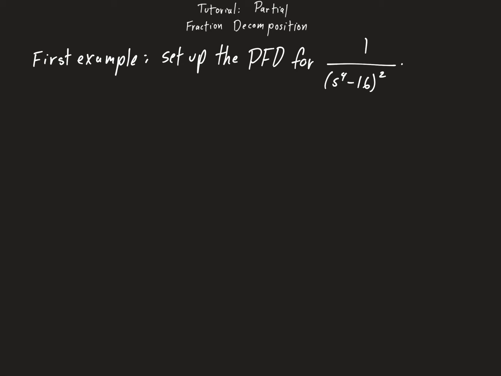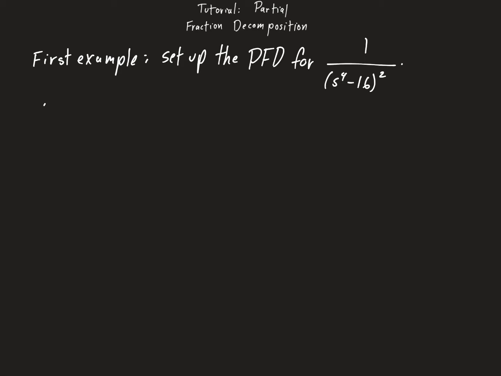I'm not going to go through the entire solution for this guy, just because the part where you solve the system of equations would be very tedious. You would have 8 equations and 8 unknowns, and that takes a lot of time, and I don't think that's particularly useful. I do think, however, that it is worthwhile to look at this guy just to set up its partial fraction decomposition. Just set it up, not actually solve the whole thing.